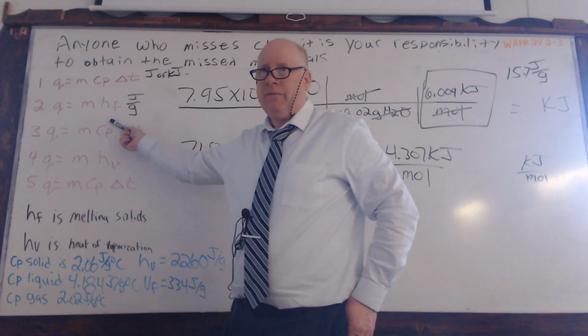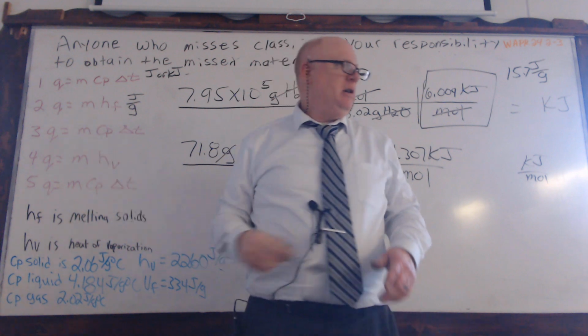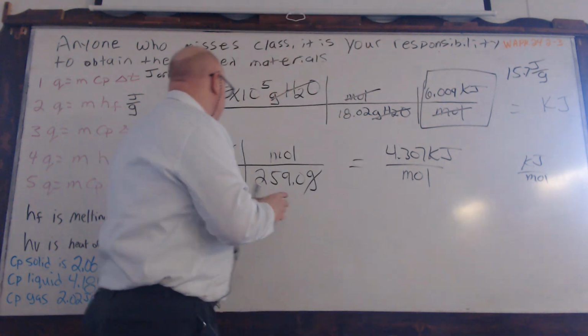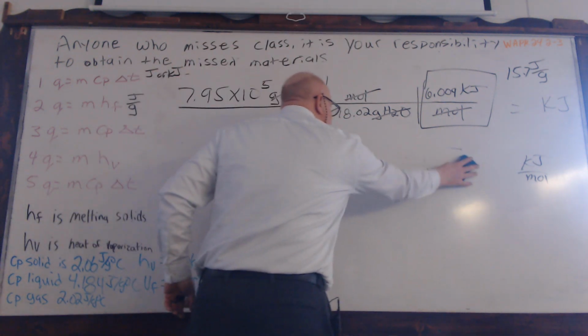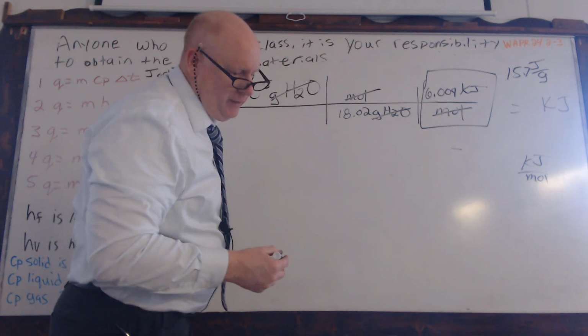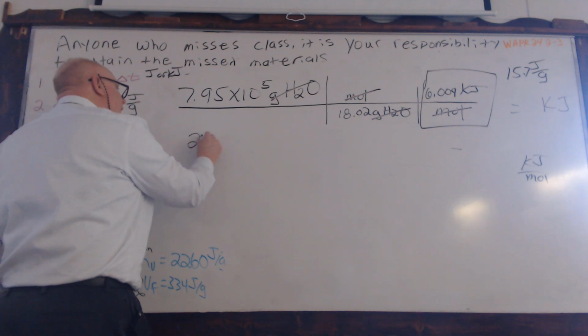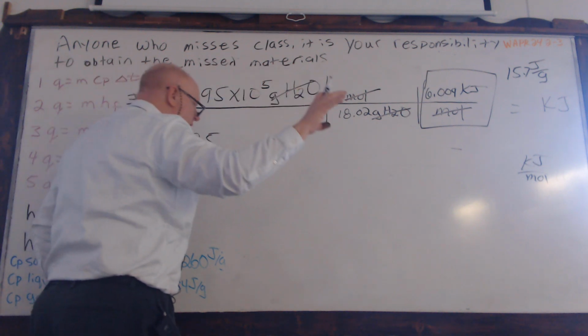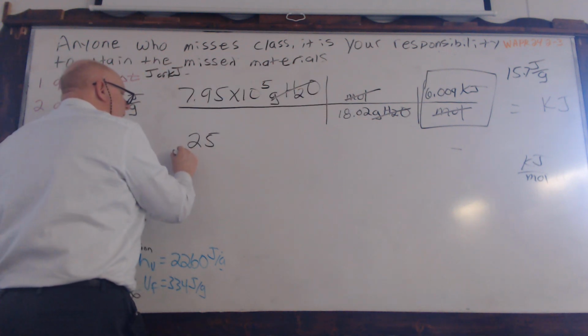Sure. Okay. The reason being is because you are given however many grams of that there is, which looks like 25. Okay, 25 point something. You can separate that out on your own. Okay?